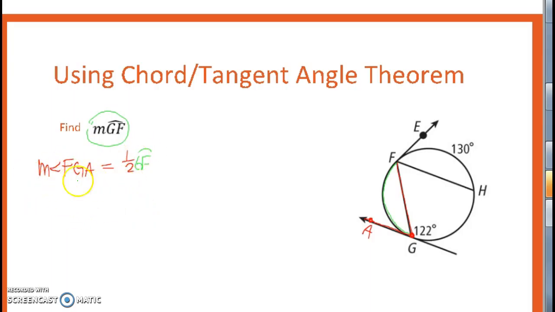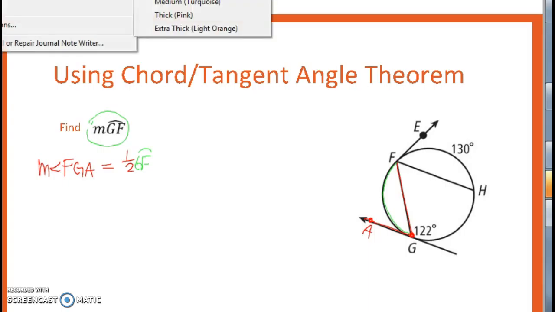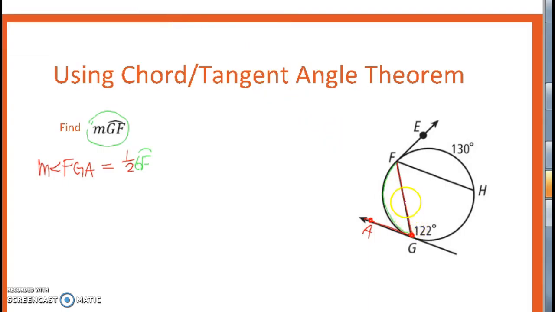Well, now there's a problem here. I don't know the measure of this angle, or it's not given to me. But what I do know is that this angle here measures 122. And the pink plus the red angle, they form a linear pair, right? Here's the common vertex, and this is the common ray.